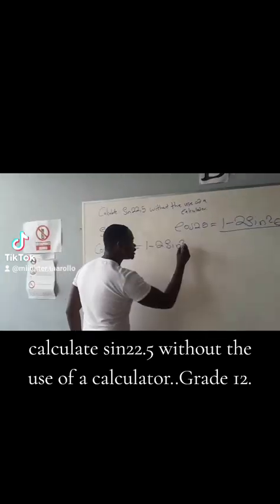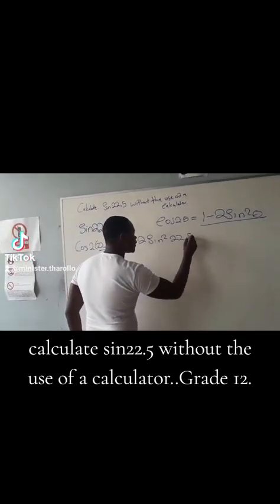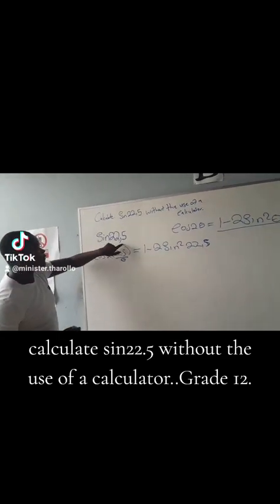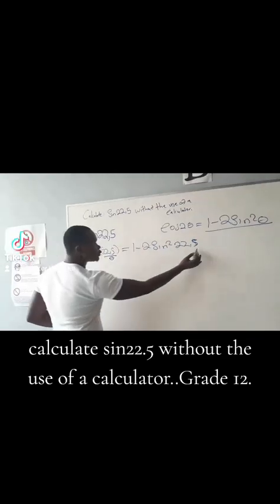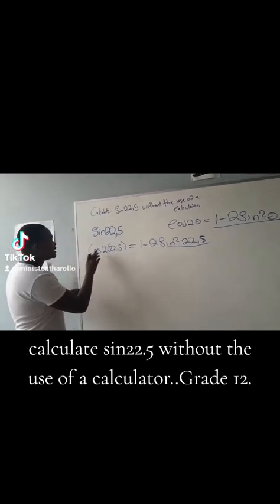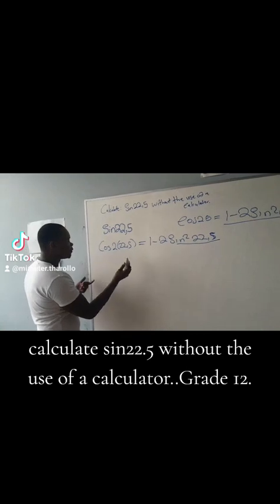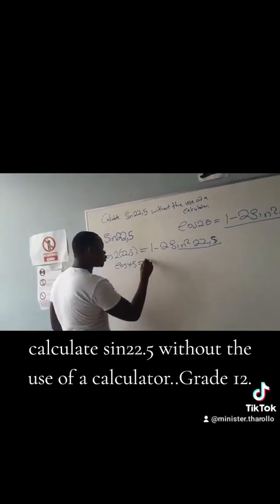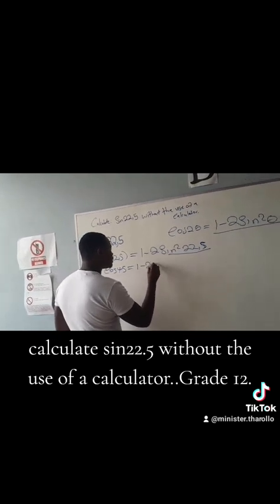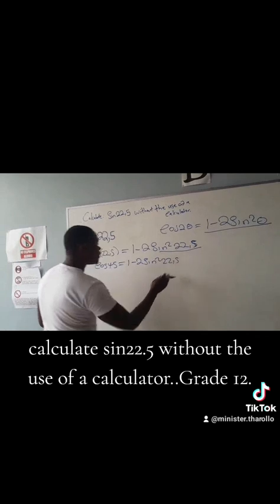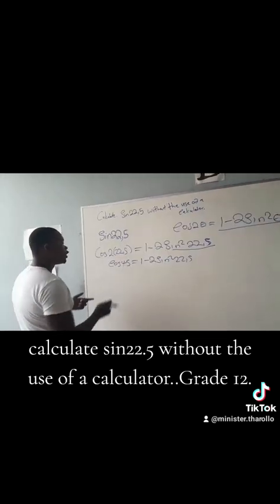We put 22.5, because they said we should calculate sin 22.5 without the use of a calculator. So 2 times 22.5 is 45, so we have cos 45 equals 1 minus 2 sin squared 22.5. Then we make this the subject of the formula.